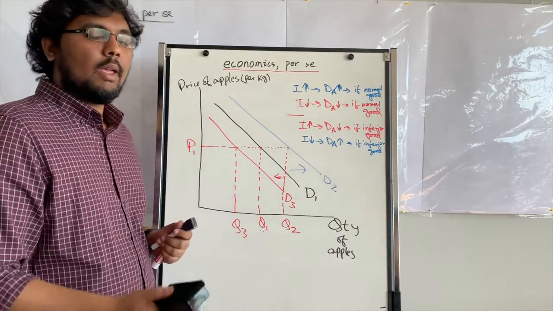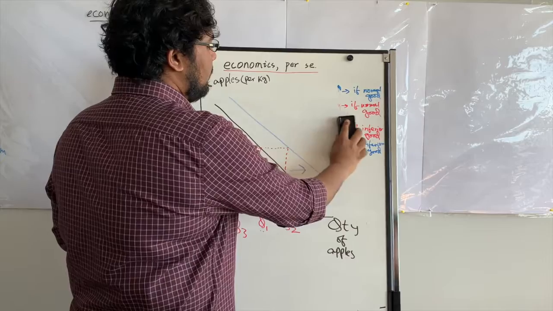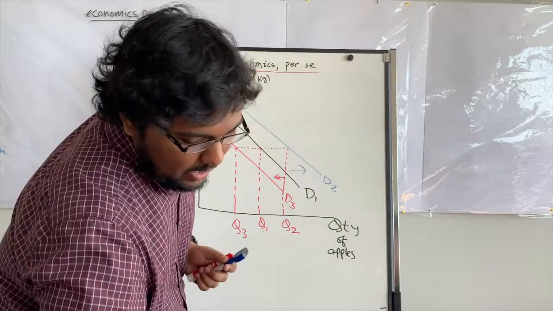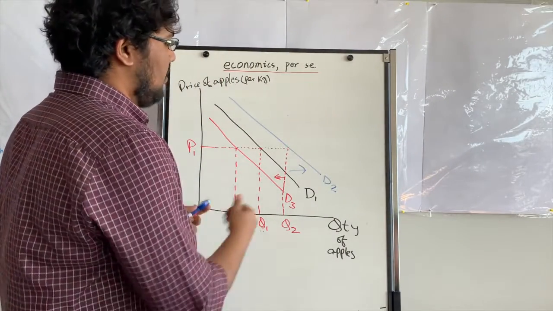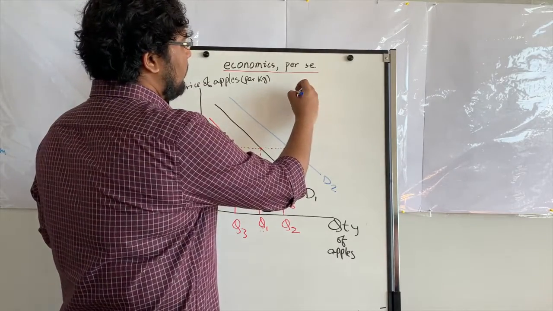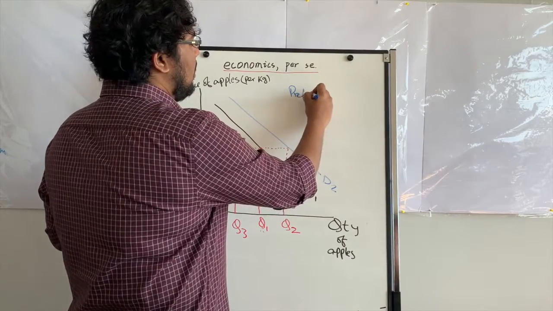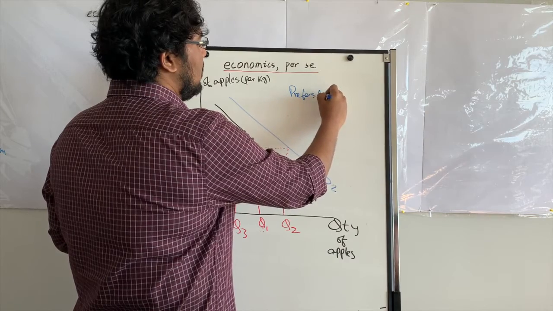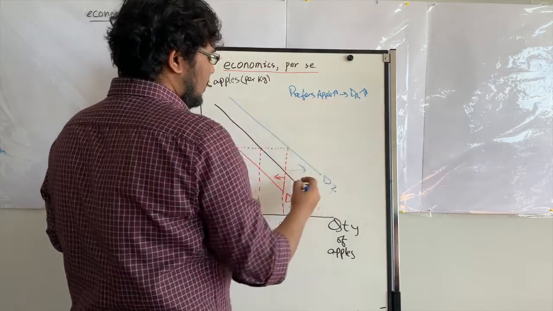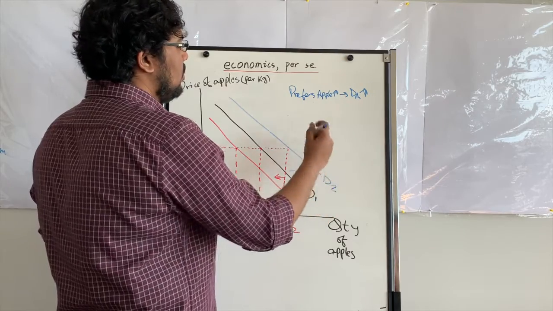Again, in the same way, the preference, or the taste of the individuals, can be explained, that is, how the preference can shift the demand curve leftward or rightward. If a person prefers apples more, the demand for apple would increase, thus the rightward shift of the demand curve from D1 to D2.